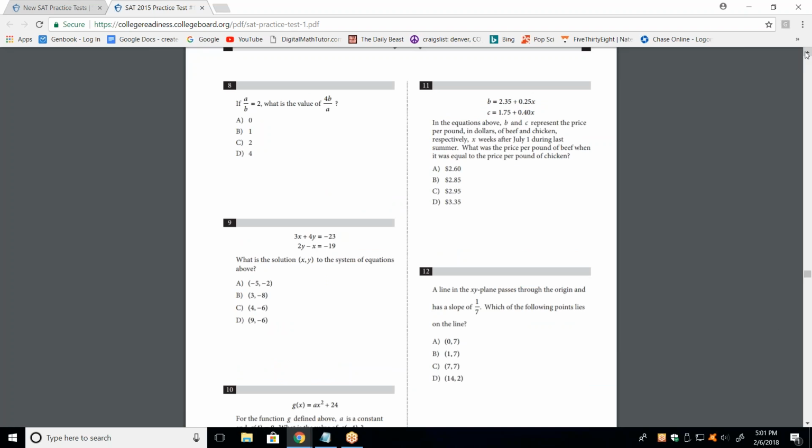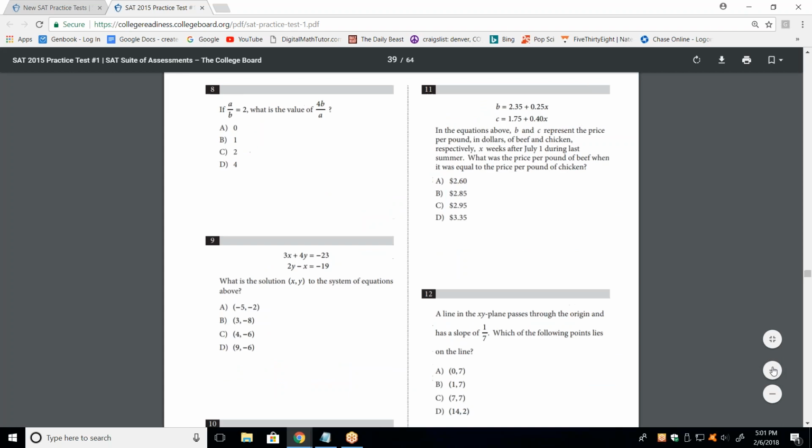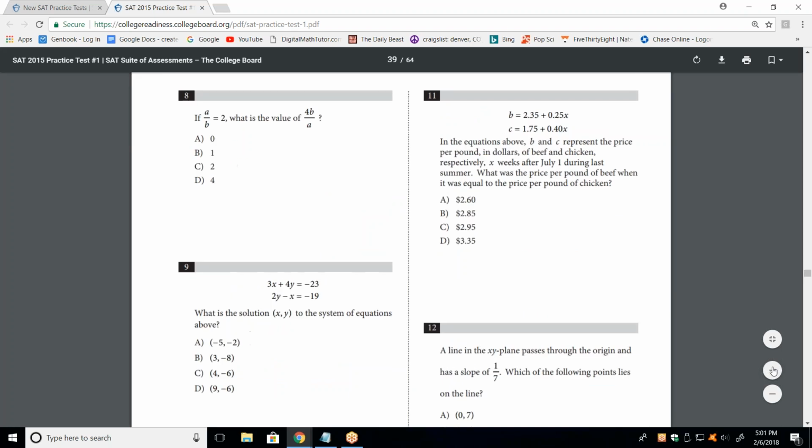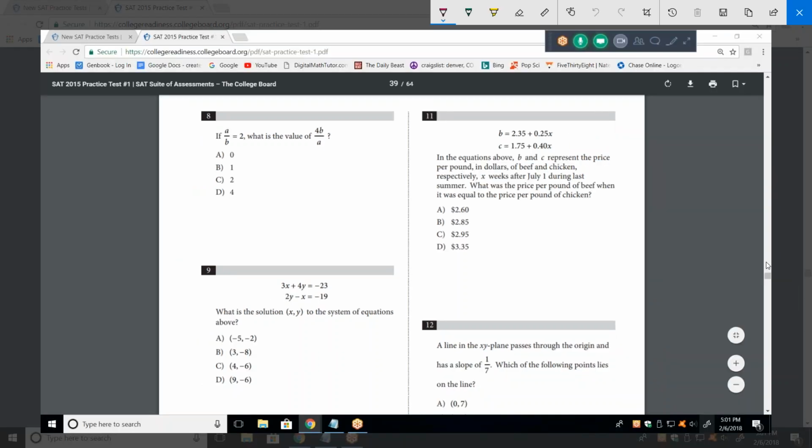Let's look at number 11, and let me blow that up a lot, because that'll give me more room to write. Okay, so what you want in front of you is paper and pencil and a calculator.